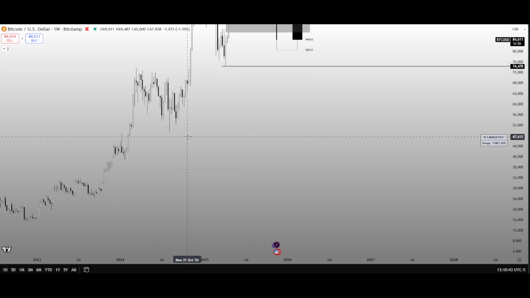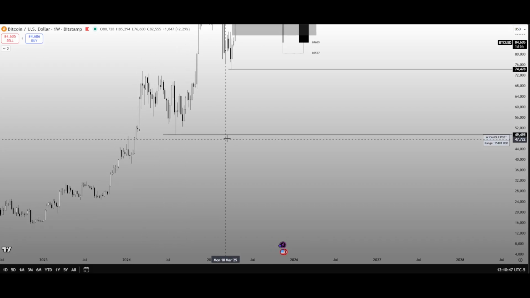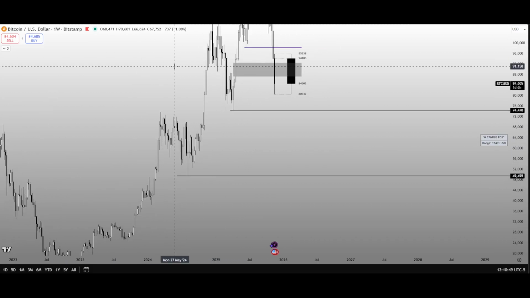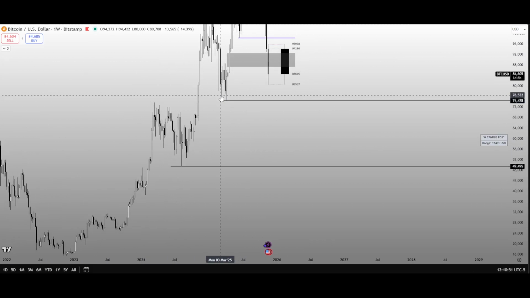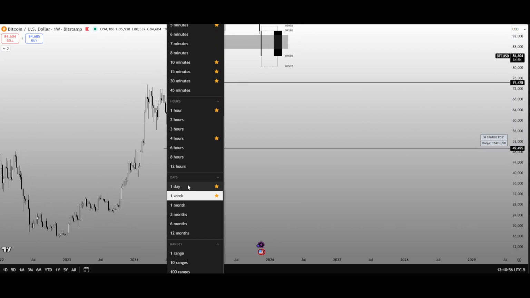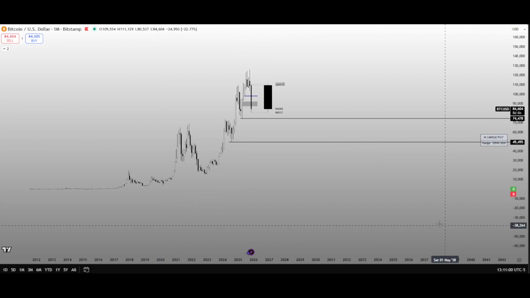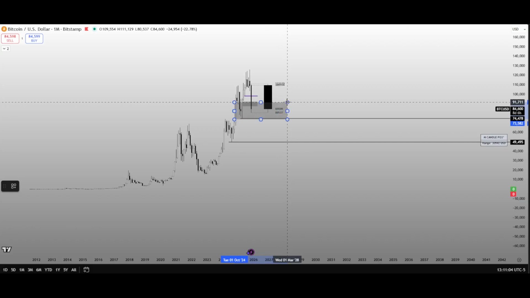This, and then we could go to 48K. Down here. I want to buy here or buy here, probably. This is a good monthly low. I don't know, it makes sense. If we close below this though, that's kind of crazy. That's a monthly SMR.